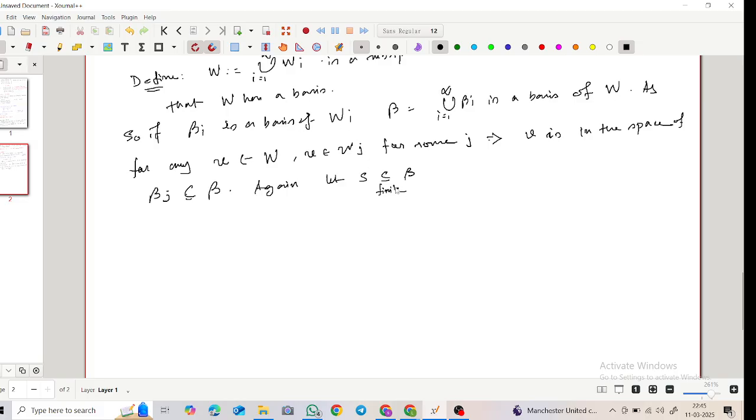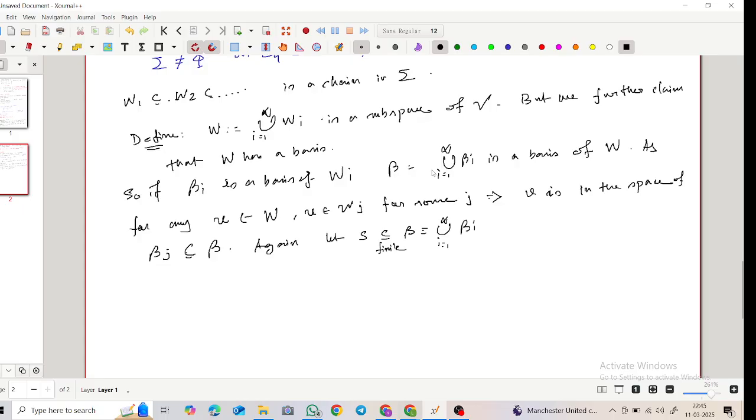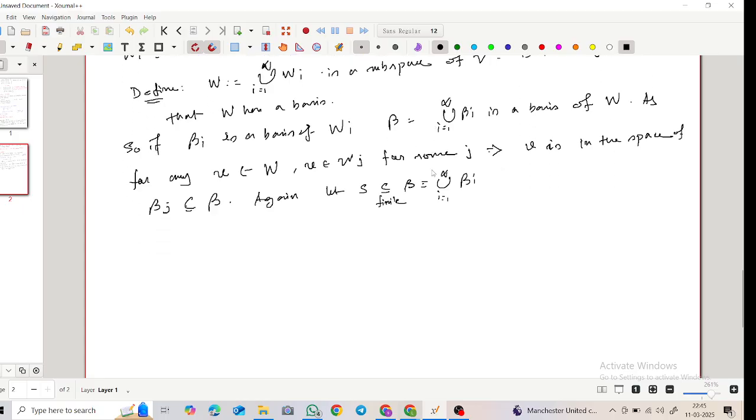Again, suppose A is a finite subset of beta. Now you see, what is beta? That is the union of beta I, right?